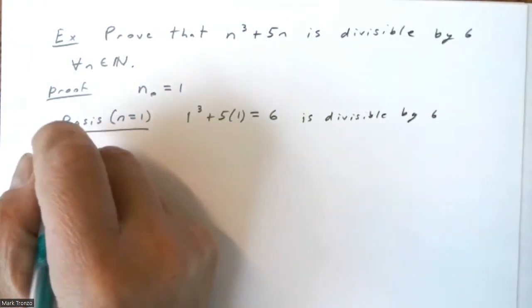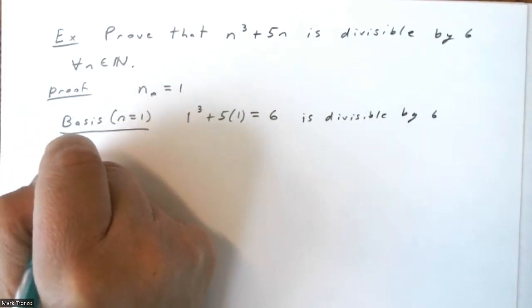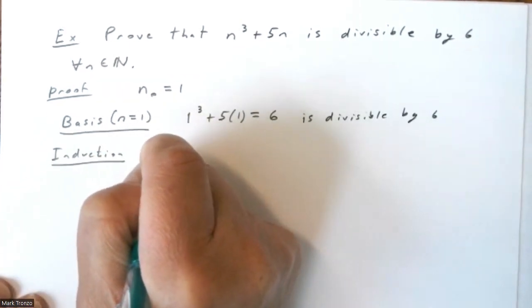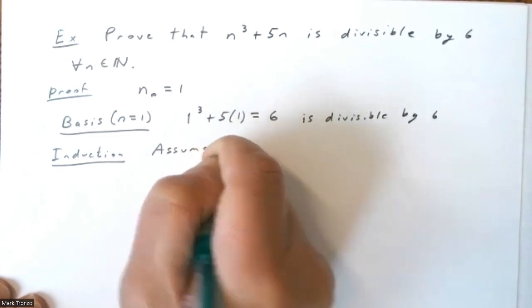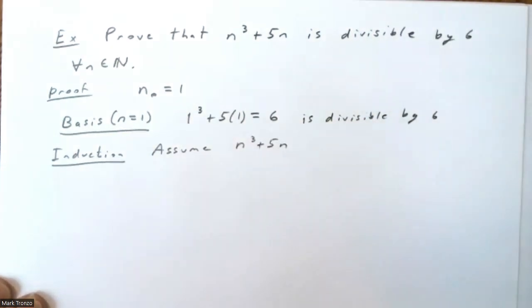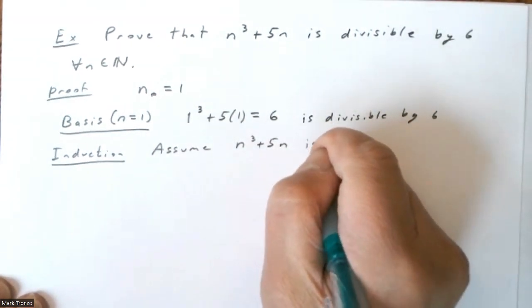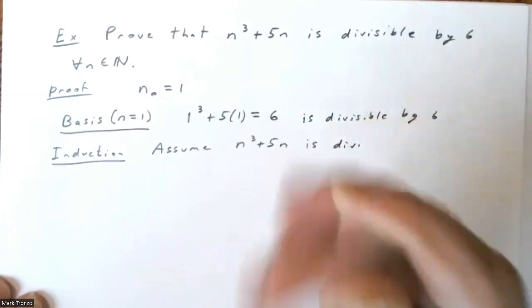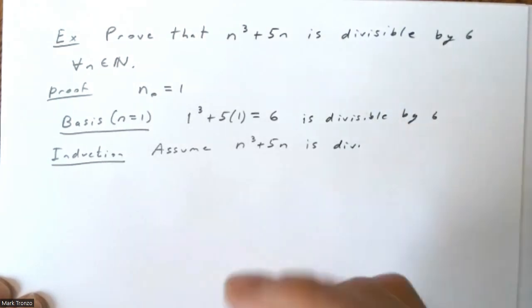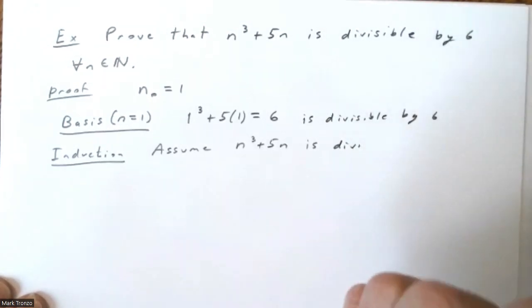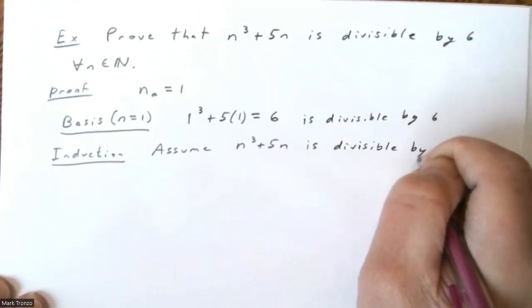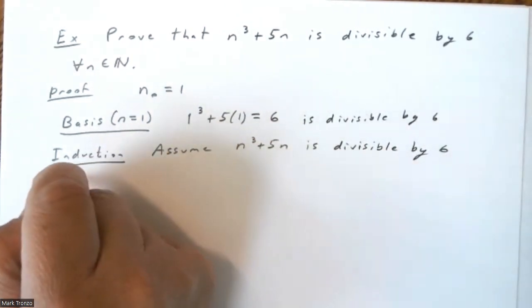And then do the induction step. And we assume n cubed plus 5n is divisible by 6.